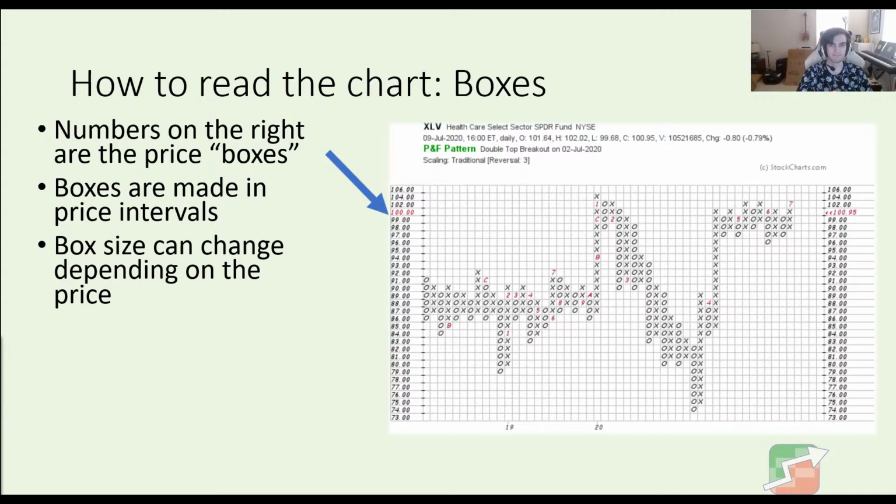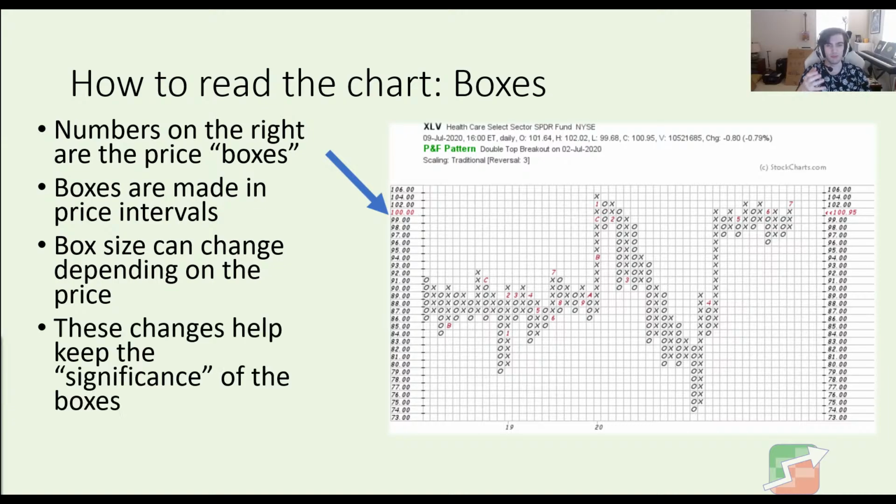Why confuse us by having the numbers change? Well, the reason is because it helps us keep the significance, or it makes the boxes more important. Because say you have $1,000 and I say, here's $10, go buy some lunch. $10, compared to $1,000, is 1%. That's not very much.